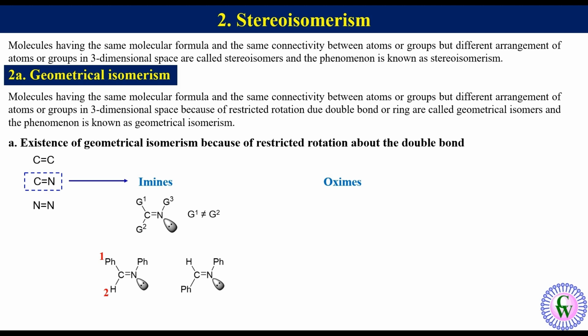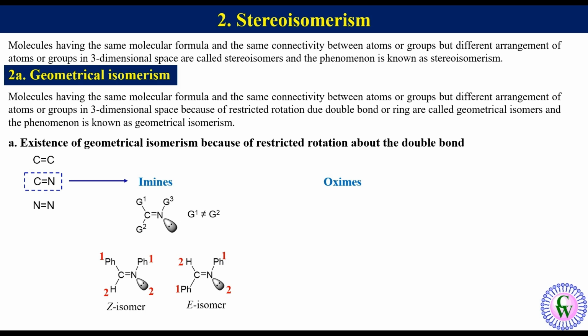Phenyl attached to nitrogen is number 1 and the lone pair number 2. Similarly, in the other isomer, the groups will be labeled as 1, 2 and 1, 2. The isomer with the same priority groups on the same side of the C=N double bond is Z isomer, while that with the same priority groups on the opposite side of the double bond is E isomer.